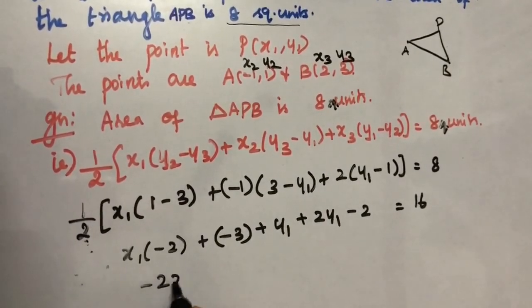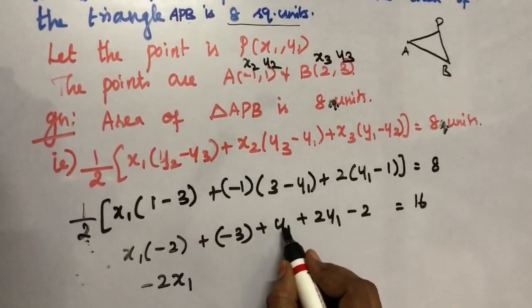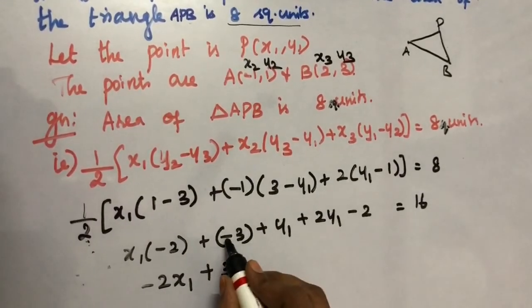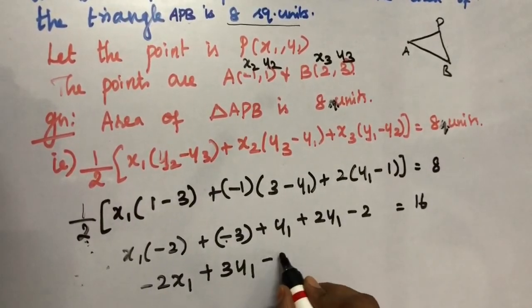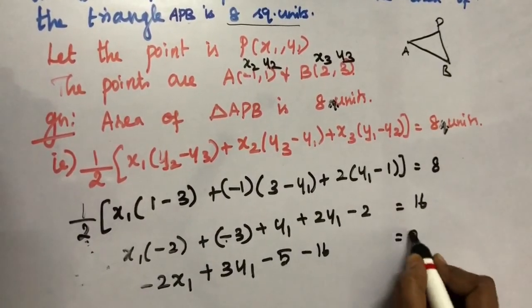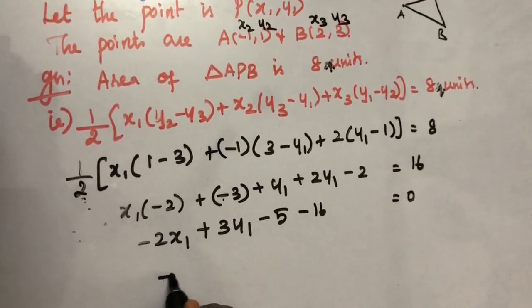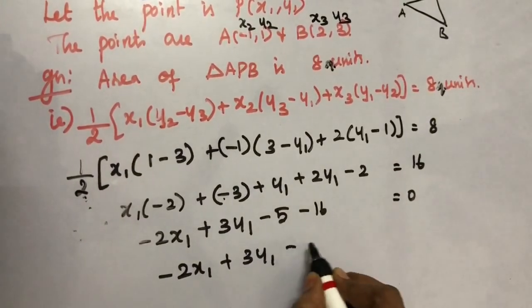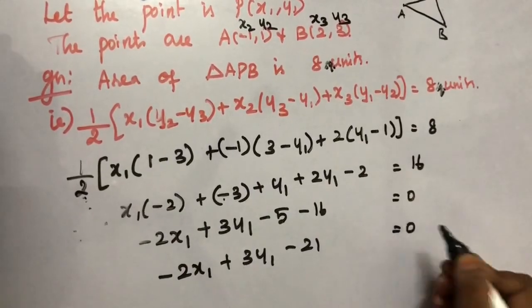So minus 2x1 plus y1 plus 2y1, so plus 3y1; here minus 3 and minus 2, so it is minus 5, and minus 16 is equal to 0. So minus 2x1 plus 3y1 minus 21 is equal to 0.